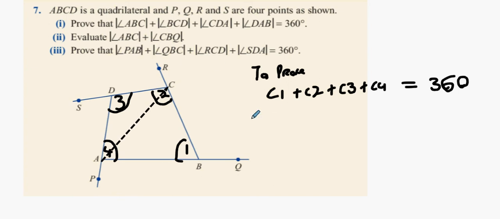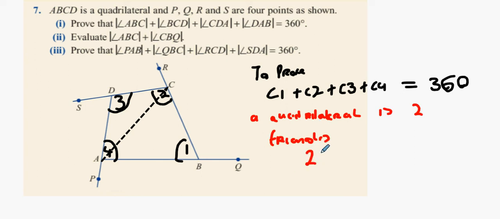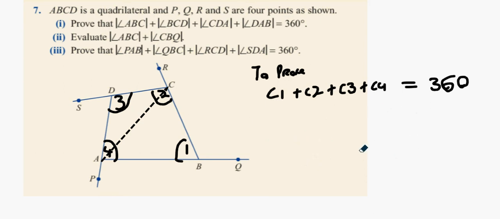A quadrilateral is 2 triangles, and 2 multiplied by 180 degrees equals 360 degrees. That's it. That's it done. It's a bit of a cop out, really.